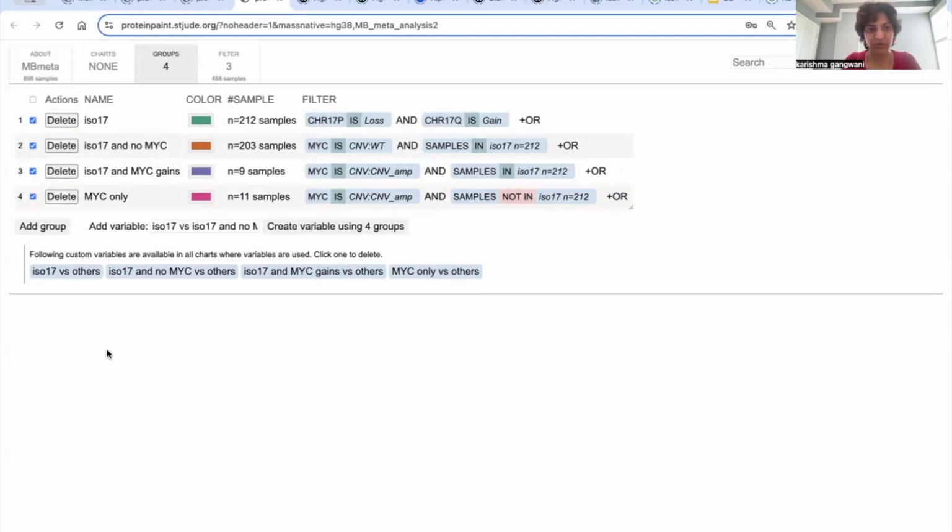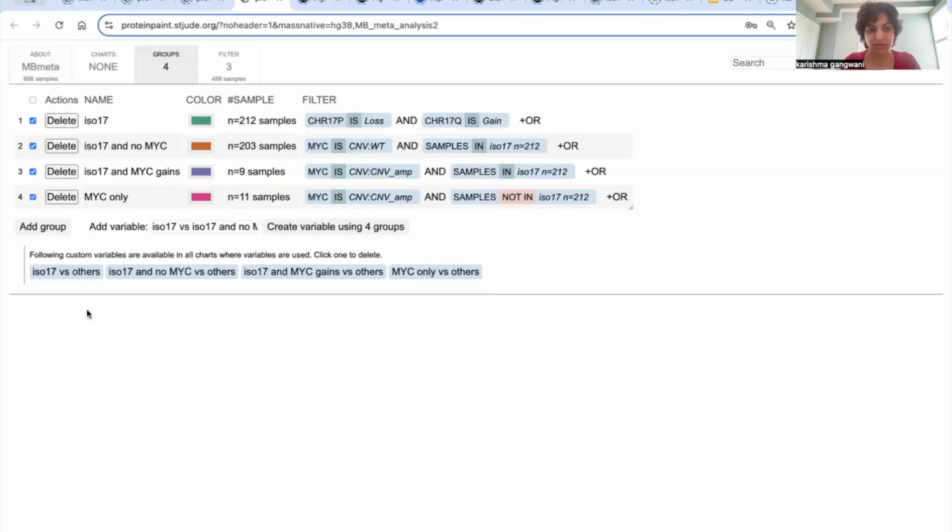So this sort of analysis will tell us which factor or which mutation or which chromosomal aberration really has a huge impact on survival outcomes. And for this, we're going to use the progression-free survival because that gives a real assessment of how successful the treatment was.